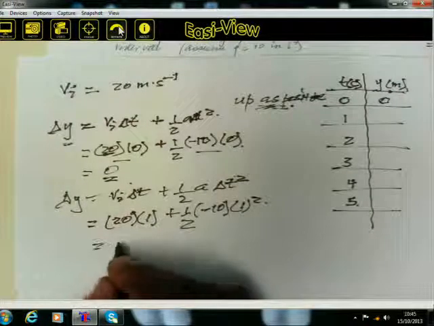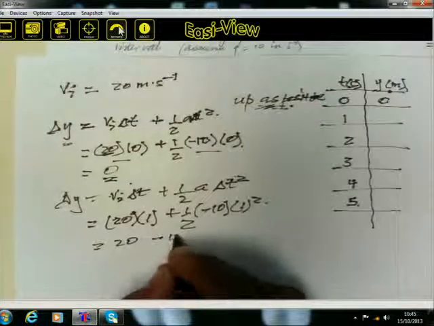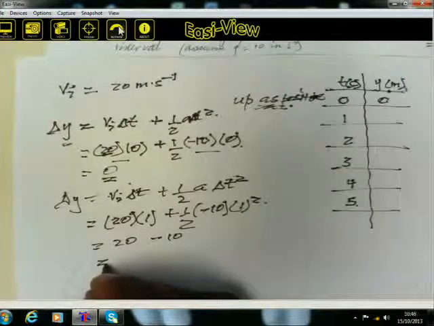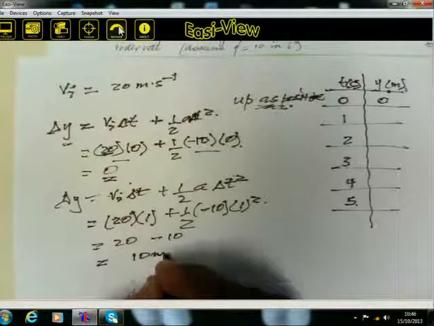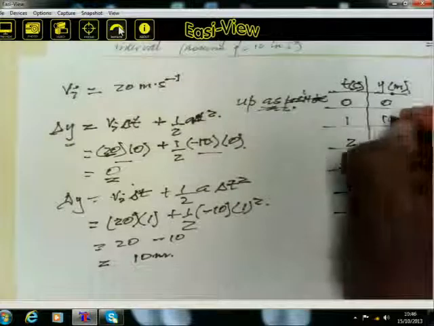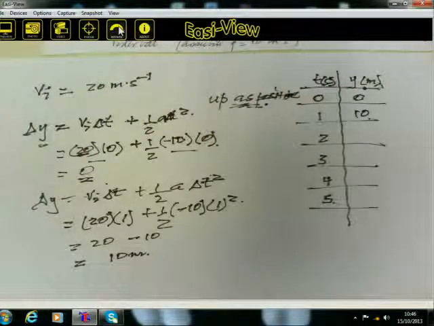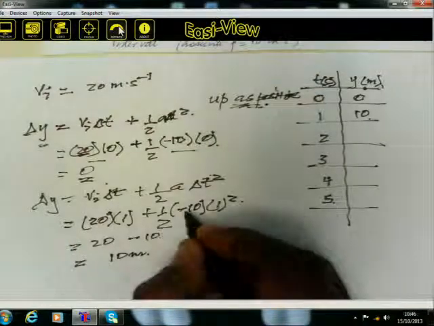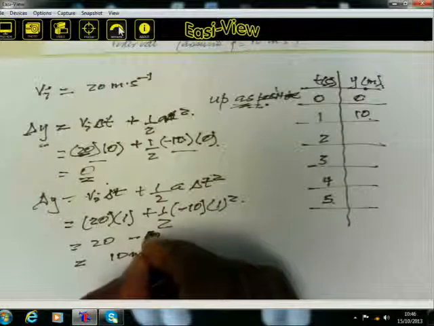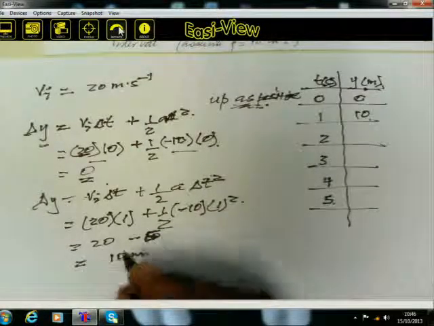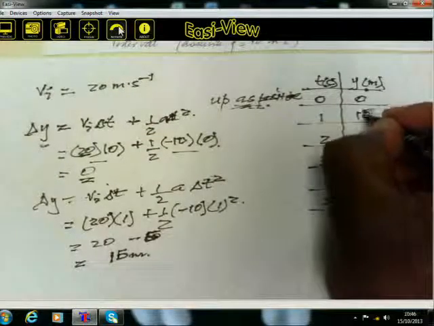That will give us 20. This will be -10. Oh, sorry, this will be half of that, which is 5. So this is going to be 20 minus 5, which is 15 meters.